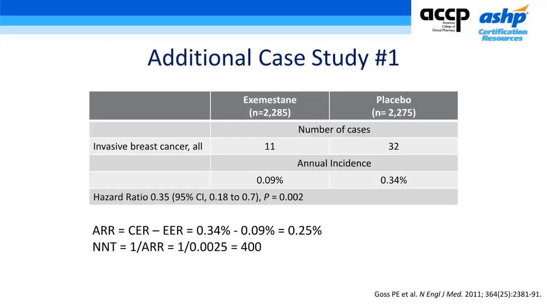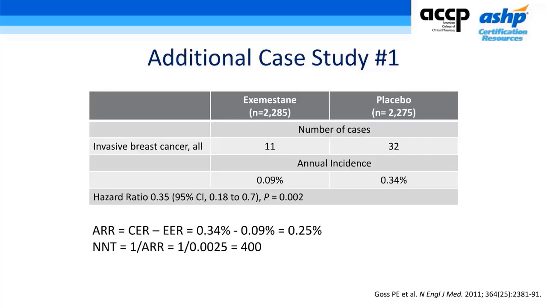This slide shows the calculations for absolute risk reduction and number needed to treat. As you recall, for the absolute risk reduction, we were using the annual incidence as depicted in the specific question. The absolute risk reduction was calculated to be 0.25%. I want to show you the difference between that number and the relative risk reduction, which was 75%.